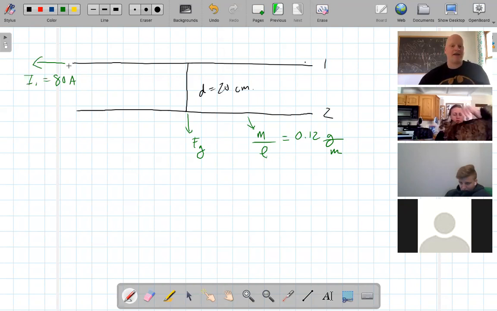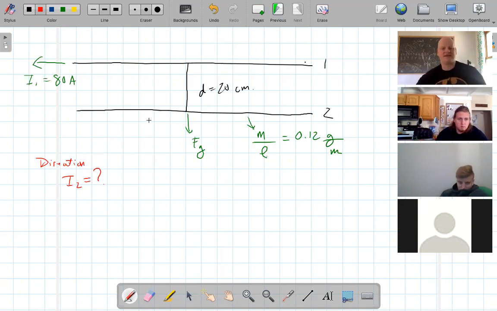So we want to know what is the direction and magnitude of the current in the second wire to make sure that it doesn't fall under its gravitational weight. So what we want to do is levitate wire number 2. I want to know what is I2, its magnitude and its direction. So what direction does this have to be running to make sure that it doesn't fall under its own gravitational weight? Let's deal with the direction first.